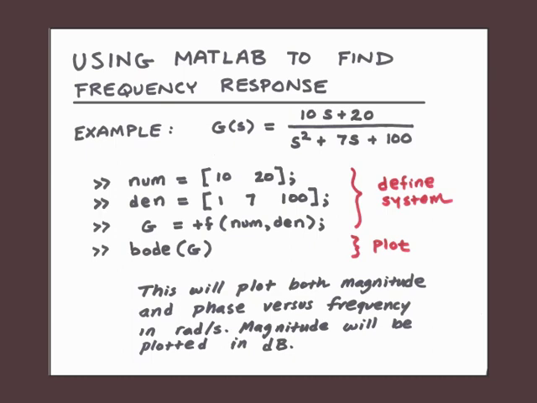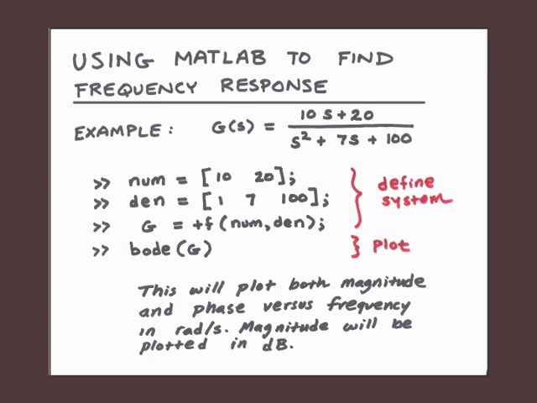Our first step is going to be defining the system, and we'll define it by giving the numerator and denominator polynomials as arrays of coefficients. So I write num = [10 20], and that defines the numerator polynomial by giving the first and 0th order coefficients of that polynomial.